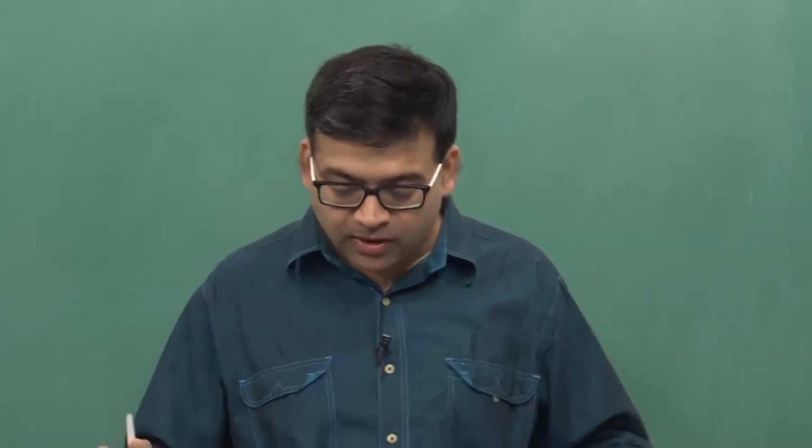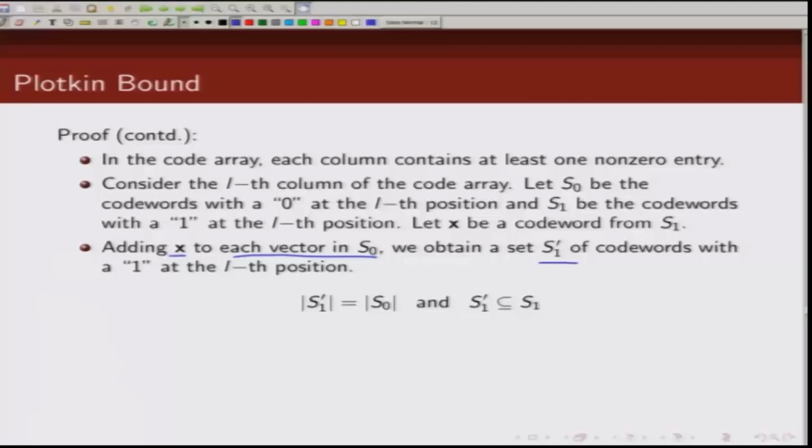Why? Because X has 1 at the ith location and this set S0 has 0 at the ith location. So, we will get a new set of code words, let us call it S1 prime, which will have 1 at the ith location.